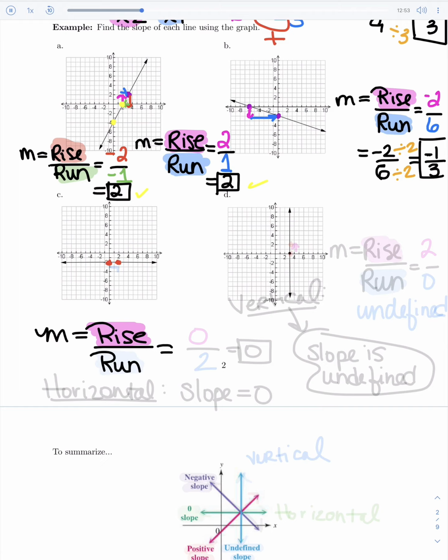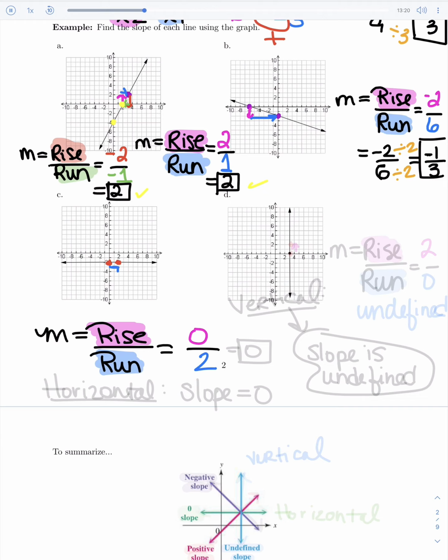Notice the points are horizontal, next to each other, so we're not going to go up or down at all. That rise would be 0. However, let's look at the run between the 2 points I picked, and it could have been different with the ones you picked, but it would be fine. We're going to the right 2, which is a +2.